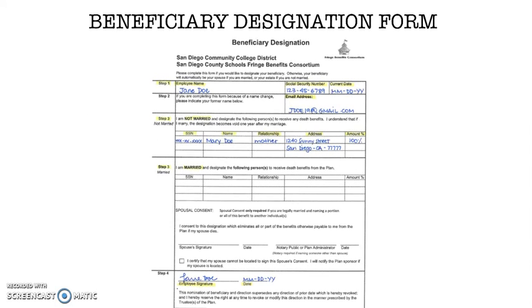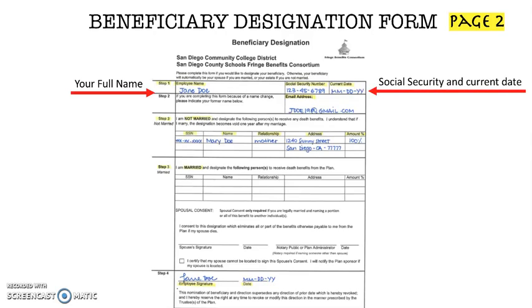On the second page of the beneficiary form, you will include information about the person you designated as your beneficiary on page 1. Start by completing the form with your full name, Social Security number, current date, and your email. Then complete step 3 on the form. If you are not married, complete the first part with the designee information. If you are married, complete the second part.